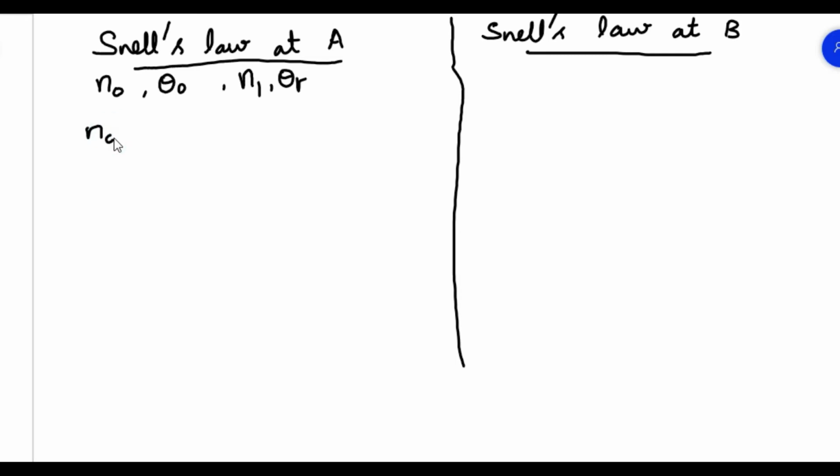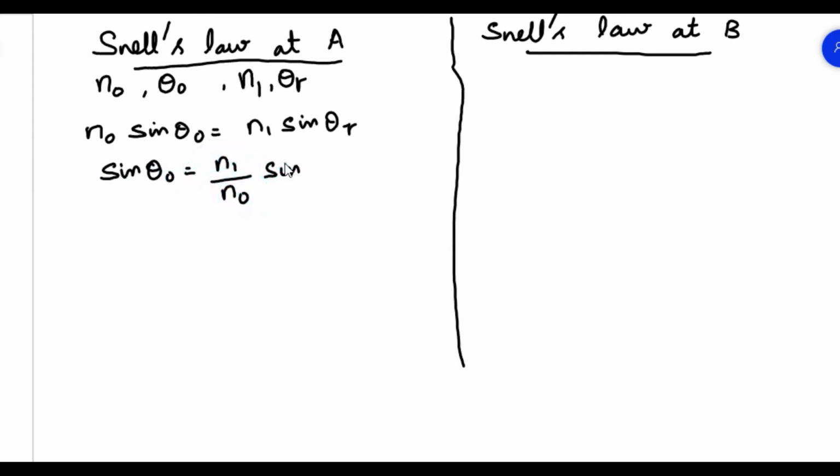So applying Snell's law, N0 sine theta naught is equal to N1 sine theta r. So left side is the incidence part and right side is the refraction part. Rearranging, I get sine theta naught is equal to N1 by N0 sine theta r.